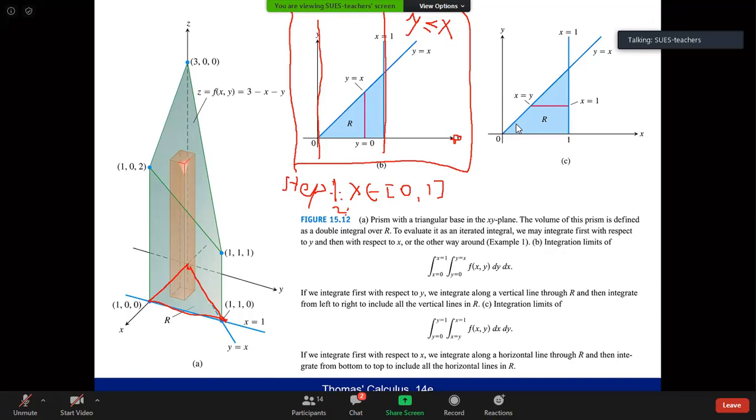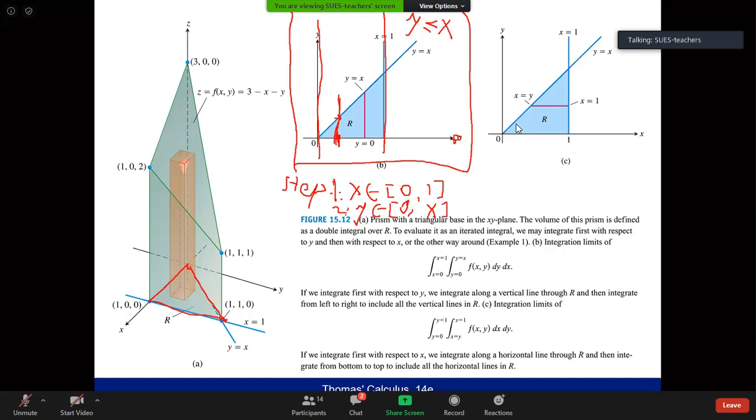For each fixed x, you just draw a line here, and you find that the upper limit of y is y equals x, and the lower limit is y equals 0. So step 2 is y from 0 to x.